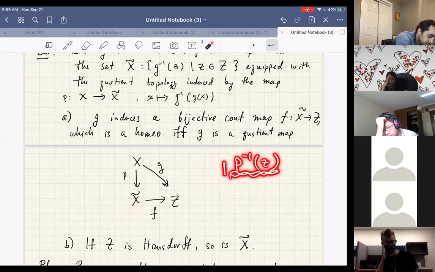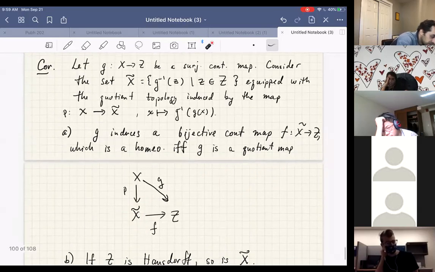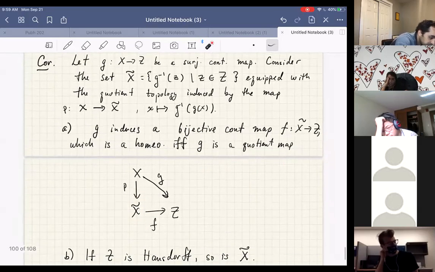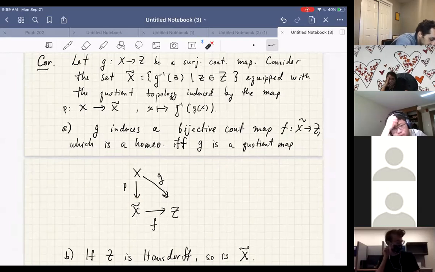I'm using, this is bad notation. Oh, G inverse of Z, sorry.